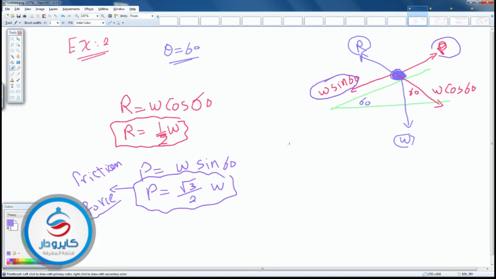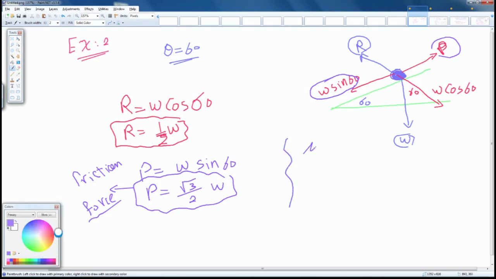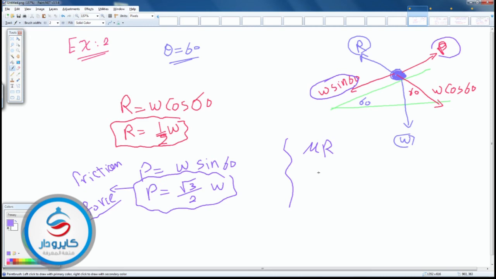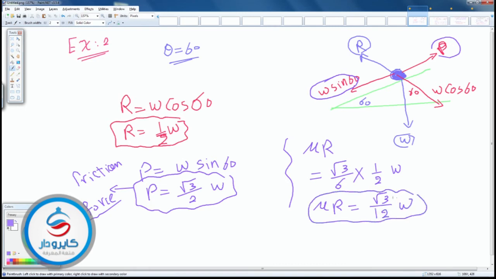Okay, so what do we have now? We have to make a comparison to see whether it is limiting or not. Let's calculate mu R. Mu is √3/6 times R, which is half W. So mu R now equals √3/12 W. This is P, the friction force, and this is mu R, the limiting friction.